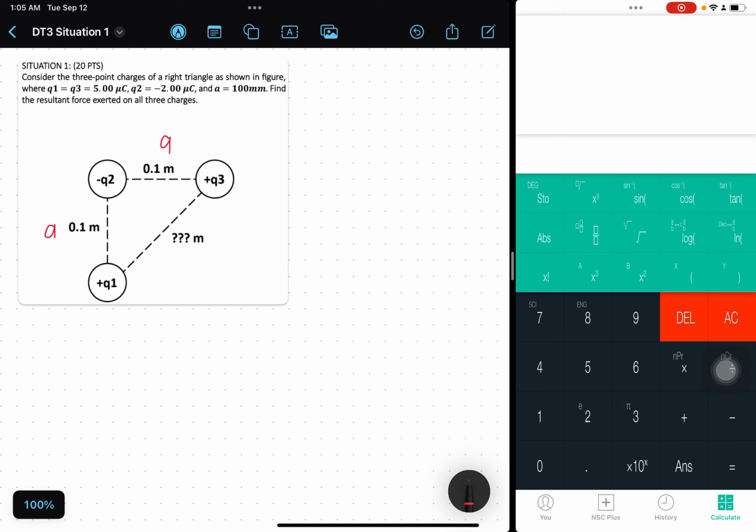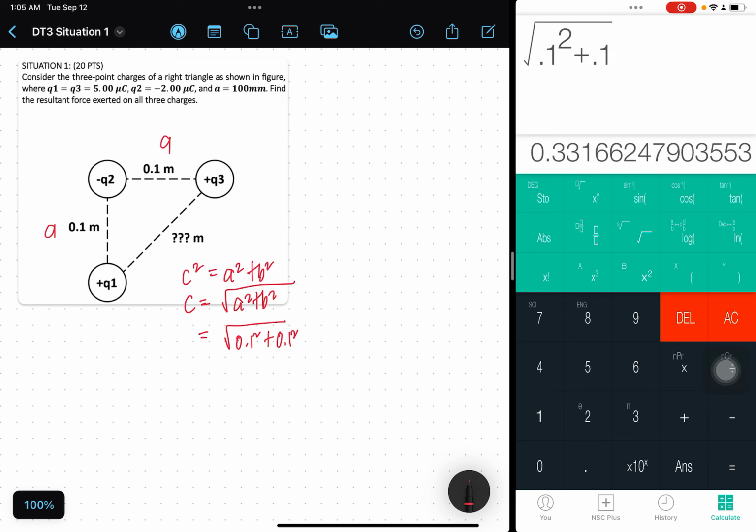As you can see in our image, we have an unknown value of distance. The distance between Q1 and Q3 is not known. If you can recall your pre-calculus, using the Pythagorean theorem, we can solve. C squared is equal to A squared plus B squared, or C is equal to the square root of A squared plus B squared, which is the square root of 0.1 squared plus 0.1 squared.